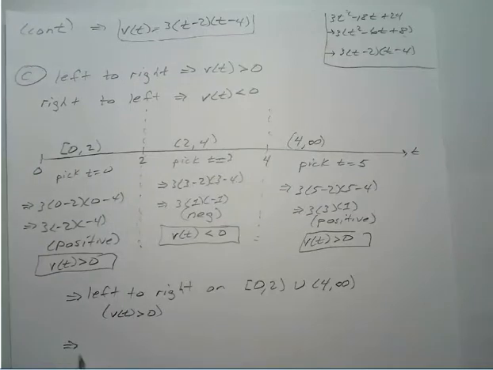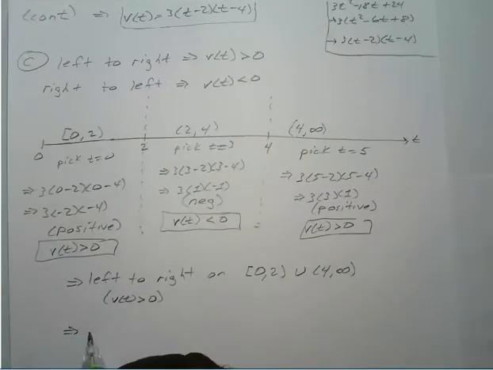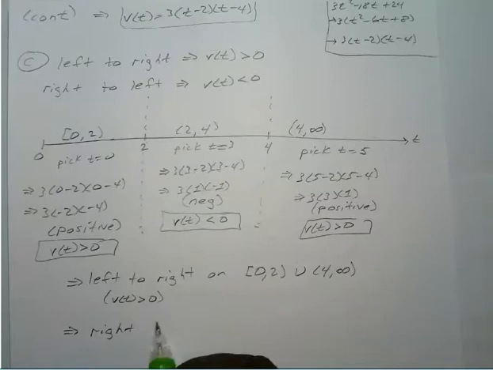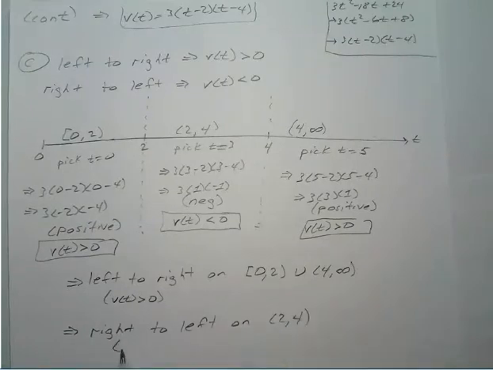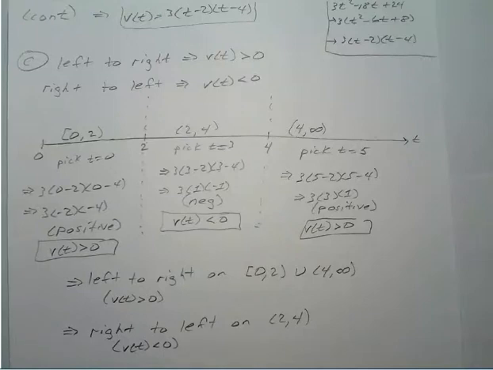And our particle goes from right to left on the interval from 2 to 4, t equals 2 to 4 seconds. And remember, that's where your velocity is less than 0.